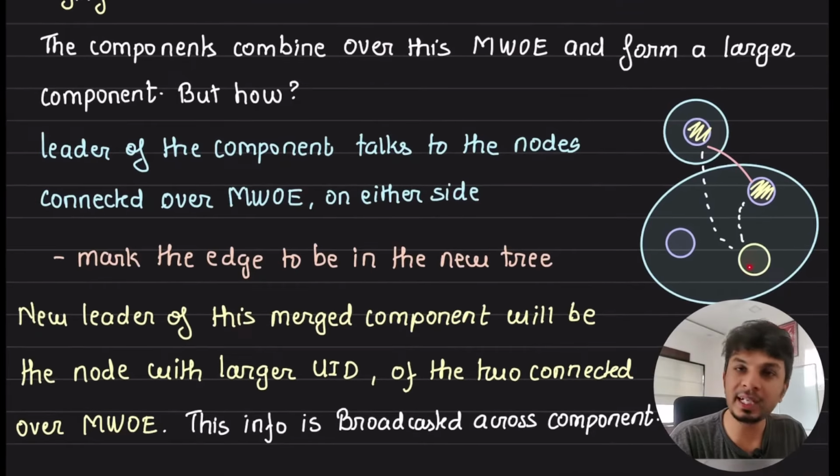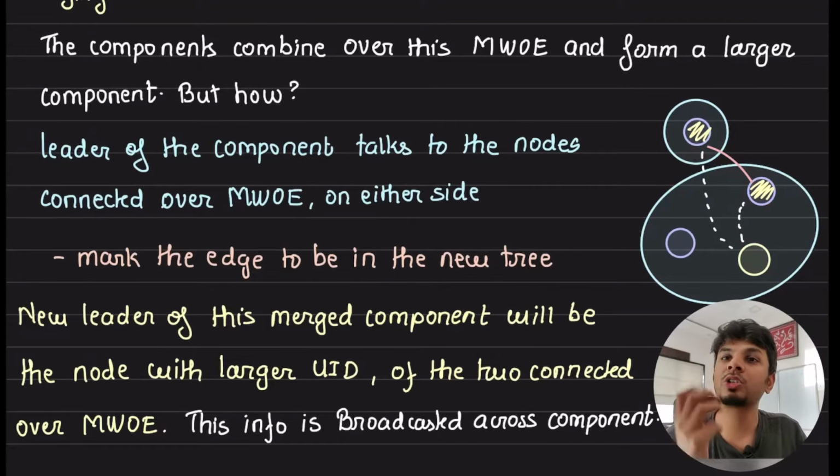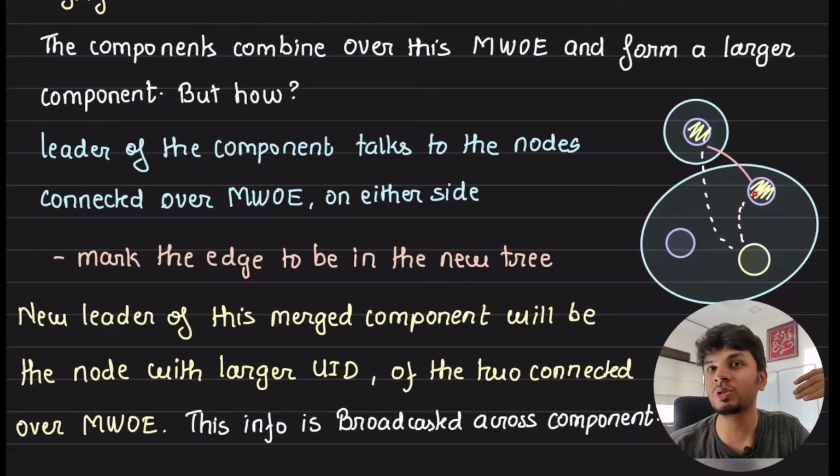So we have the leader and the two nodes, and they are connected by this minimum weight outgoing edge, and these two components would merge on that. Now, how does it happen? The leader of the component talks to the nodes connected via the MWOE, because the leader itself chose that edge. The leader knows which node it came in from, and that node knows the other node.